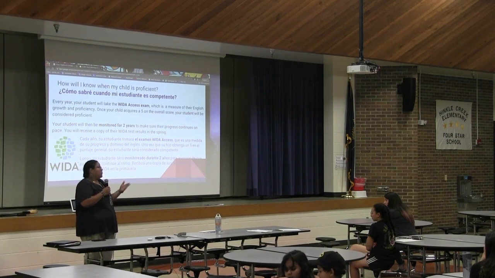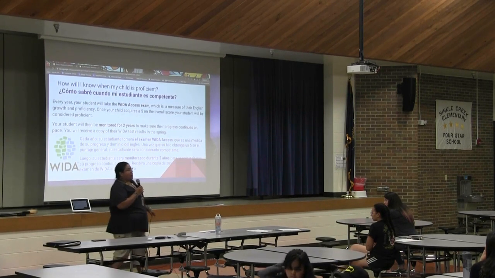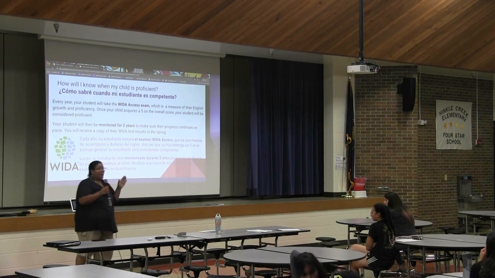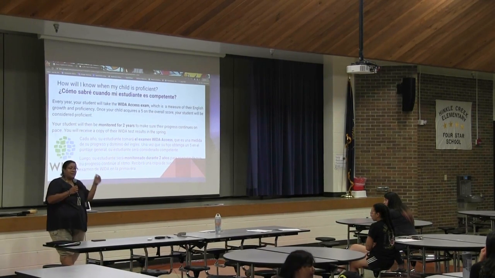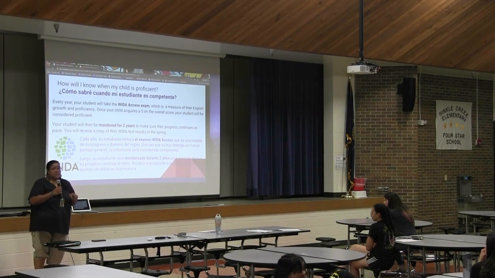Sus hijos todavía tienen que aprender el inglés académico de ciencia de 8º grado, 9º grado. Es posible, si su hijo no puede pasar 5 o más en este examen en la primaria, es posible que siempre van a ser un estudiante de EL, de inglés como segundo idioma. Y eso es normal, eso es común.